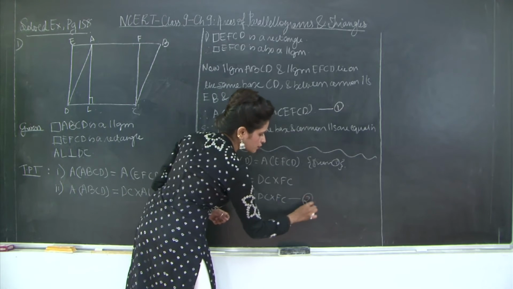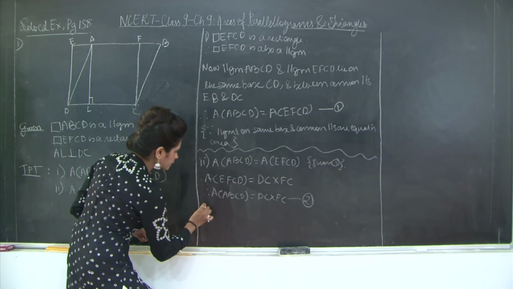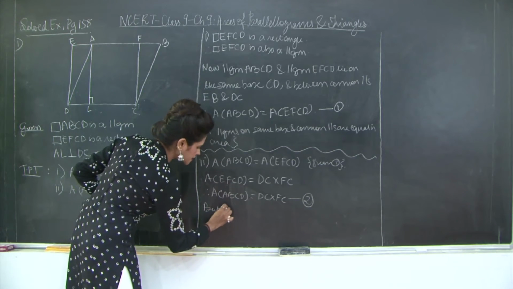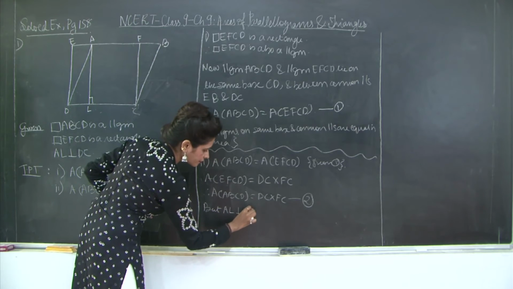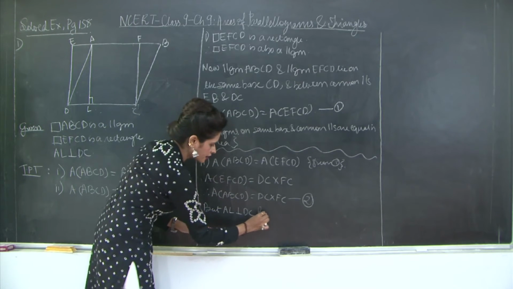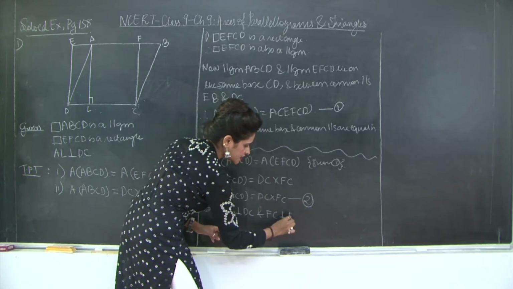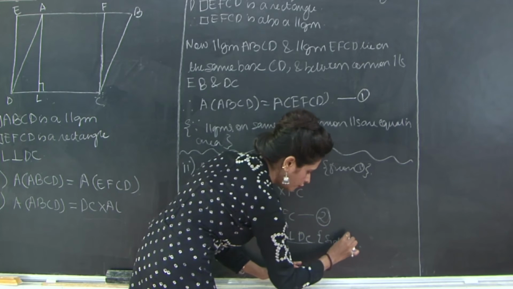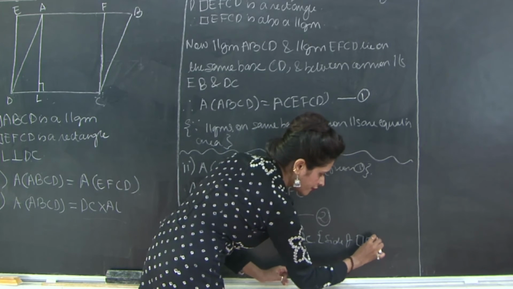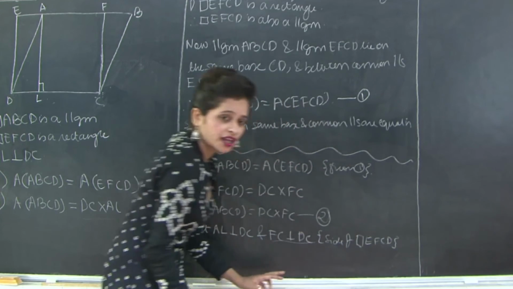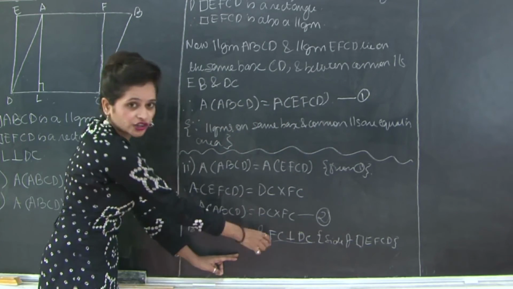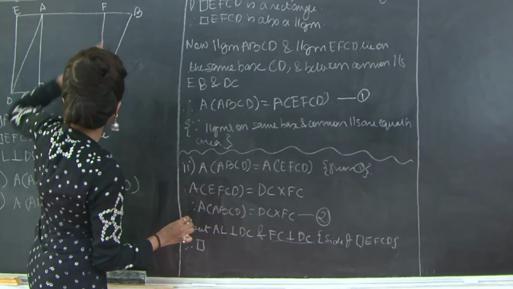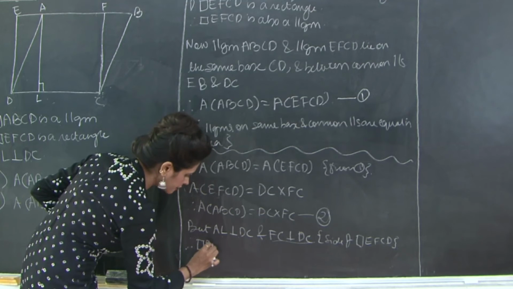Let's mark this as 2. But AL is perpendicular to DC, and FC is also perpendicular to DC. Why is this perpendicular? Because it is a side of rectangle EFCD. Now since we have these two perpendiculars on the same line, what can I say? Therefore quadrilateral AFCL is also a rectangle.